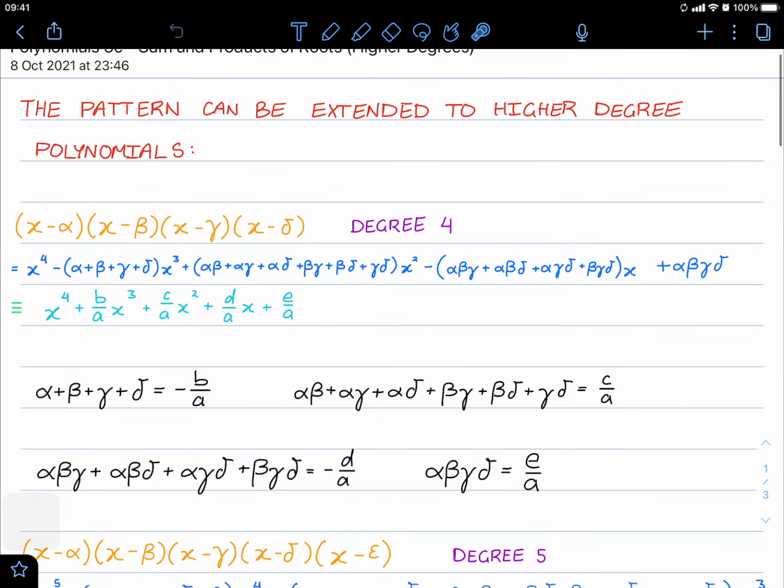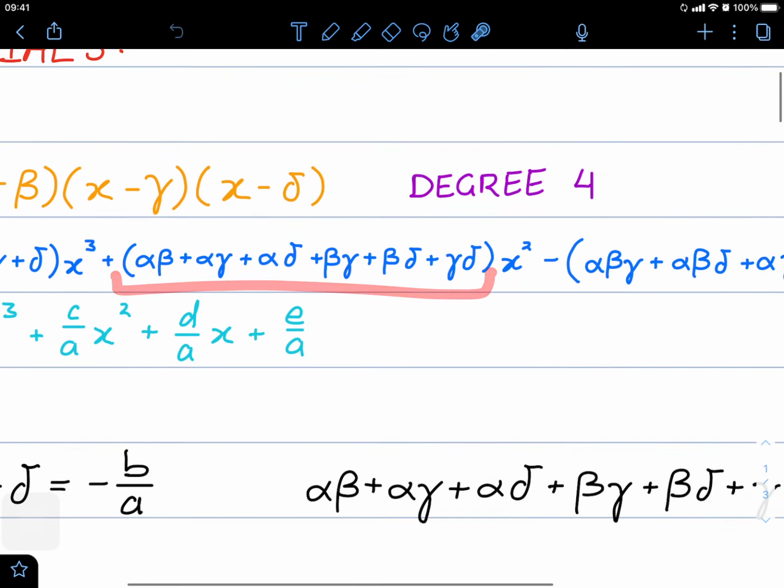So if we had 4 roots, alpha, beta, gamma, delta, and we were to expand it and collect all the like terms, we would get the following: x cubed minus alpha plus beta plus gamma plus delta, x cubed, plus this one's going to be, take a look, alpha beta, alpha gamma, alpha delta, beta gamma, beta delta, gamma delta.